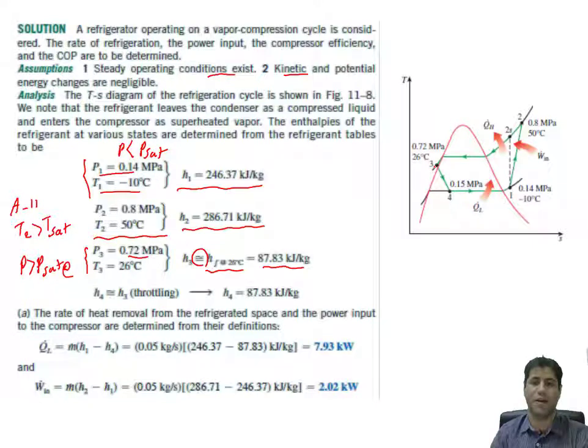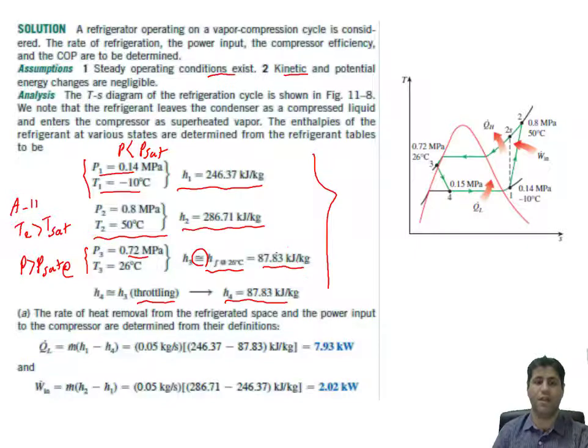But now, because from state 3 to state 4 we have only a throttling expansion valve, it is similar to what we had for the ideal vapor compression refrigeration cycle. So the enthalpy for state 4 also is equal to the enthalpy at state 3, which is 87.83 kilojoule per kilogram. You can see it is more or less similar to the previous example.